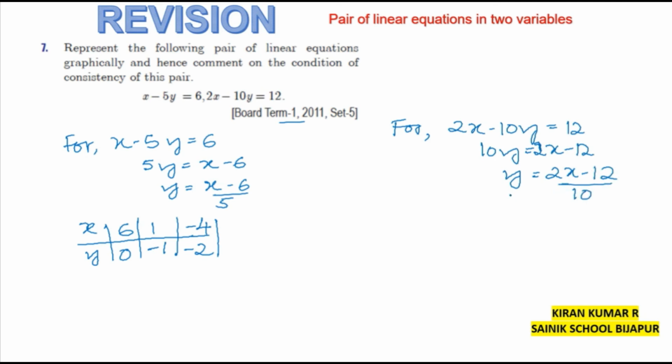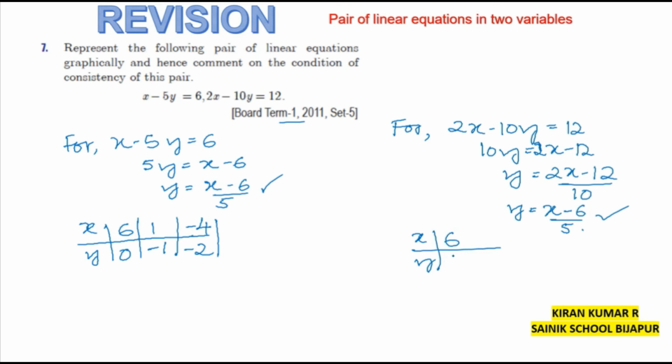Here you can take 2 as common. So the equation changes to x minus 6 upon 5. Look at both the equations. This is from equation 1 and this is from equation 2. The values are same. If you find the value of x and y, it should be same.